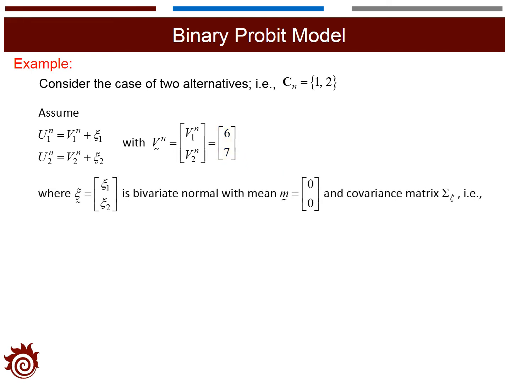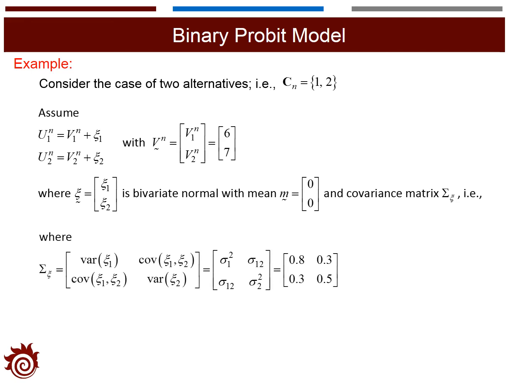In addition, we assume that the covariance matrix for the two random terms is 0.8, 0.3, 0.3, 0.5. Similarly, the covariance matrix is given in this example, but in reality, it has to be estimated.